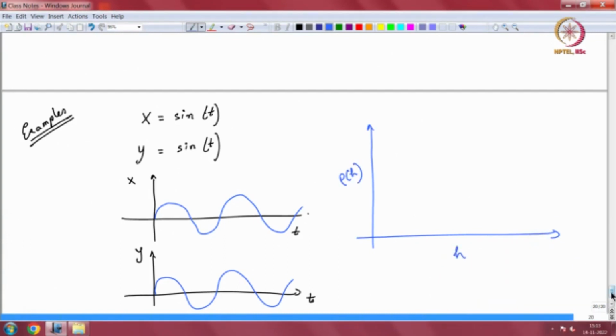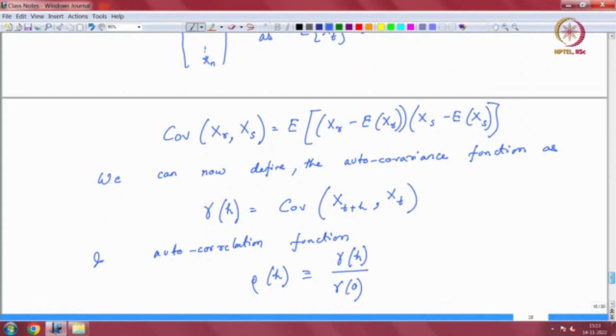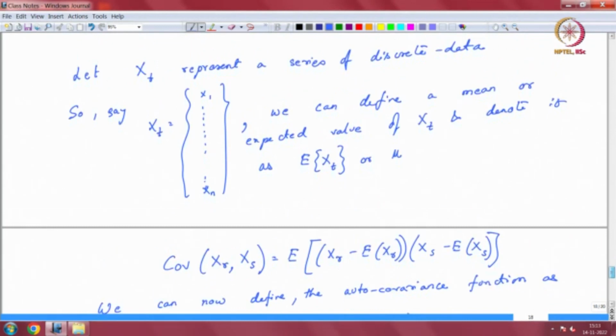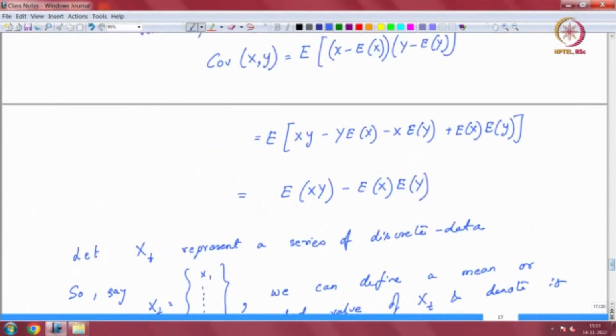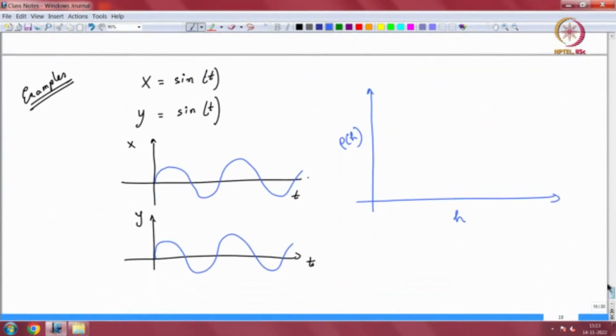This essentially becomes an autocorrelation. You are going to be multiplying expectation of x y minus expectation of x times expectation of y. What you will see in the autocorrelation function is that you get a maximum when h changes over time.